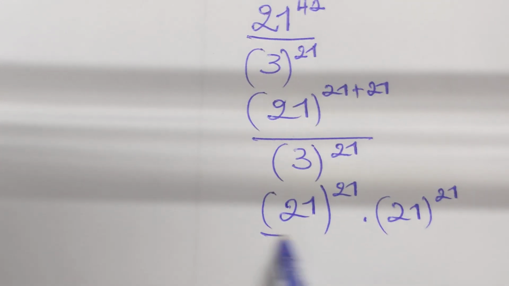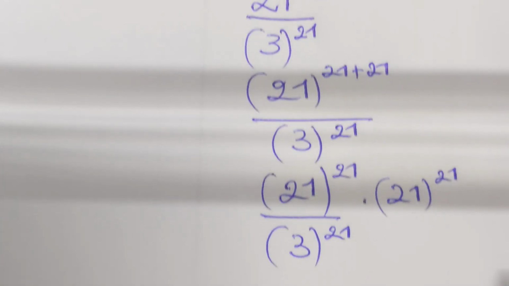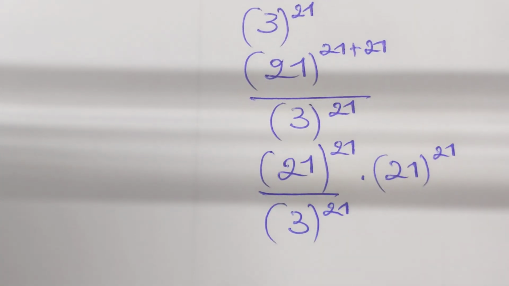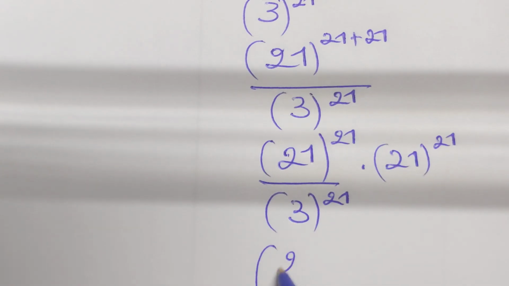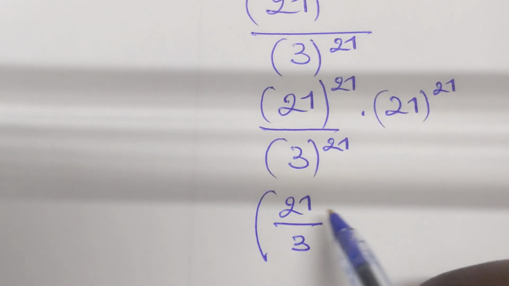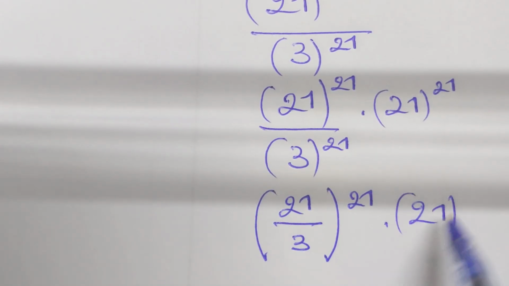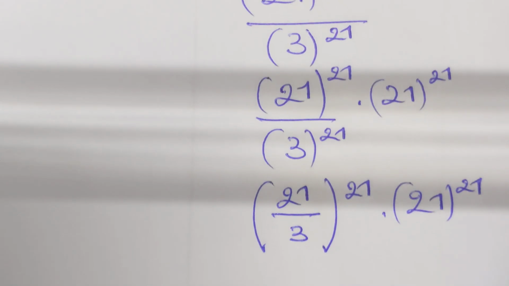Then here we can divide by 3 power 21. From here we can write it in single form as this one, then power 21 times 21 power 21.